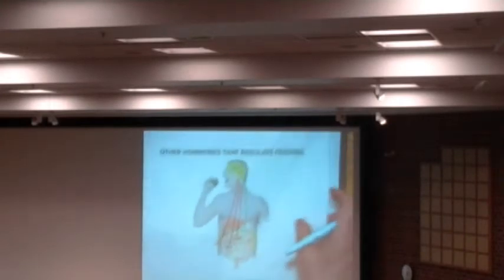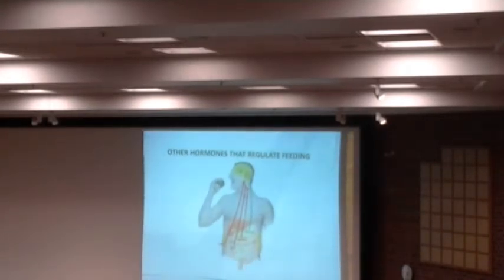Second thing we were going to look at was, other than the hypothalamus, what about the digestive system? Does the digestive system provide information to the brain about how much you have been eating? And the answer to that is yes. Your digestive system secretes hormones, just like almost every single part of the body.